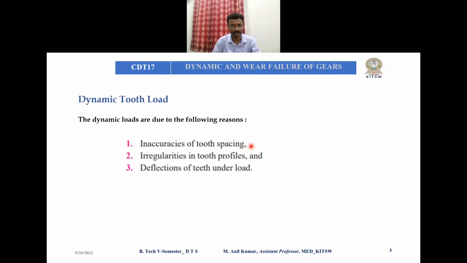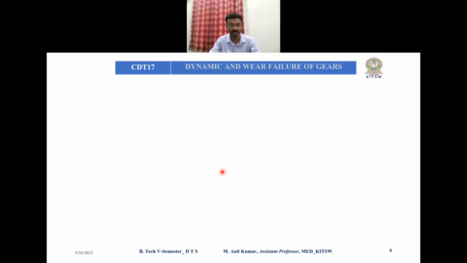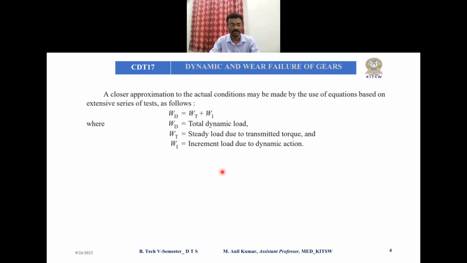These are three parameters on which dynamic tooth load depends. One is inaccuracy, irregularity, deflection. So, what are inaccuracies and what are irregularities? Deflections of teeth. We'll see them and we'll discuss them.